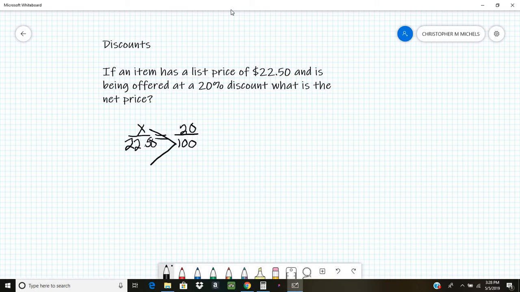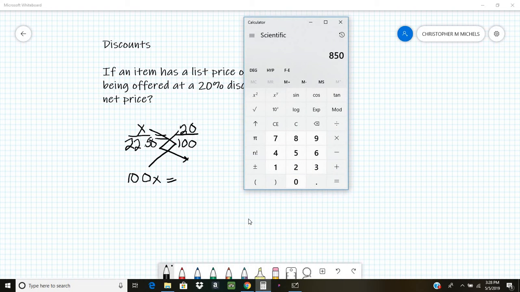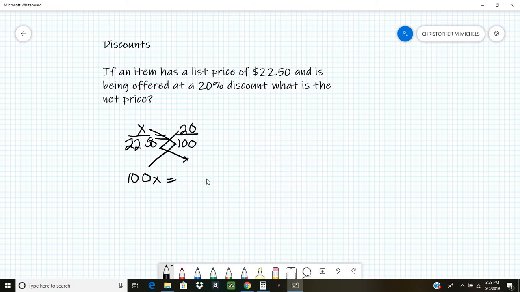So we do X times 100, which gives me 100X. We do 20 times 2250. Let me make sure I get that right. I'm going to cheat and use my calculator. 20 times 2250 gives me 450.